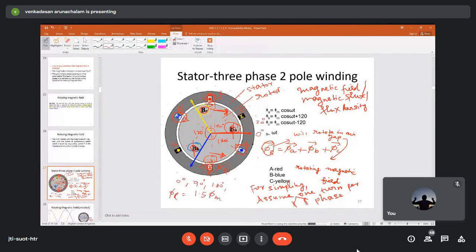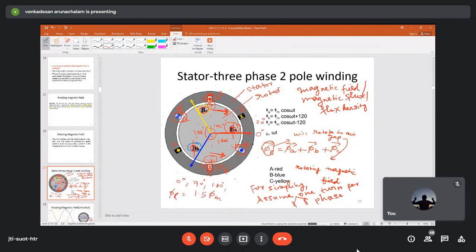And phi B, which is 120 degree phase shifted with respect to phi A, is phi m cos(omega t plus 120 degree). And phi C is phi m cos(omega t minus 120 degree). So now you have one flux produced by A phase winding, another by B phase winding, and another by C phase winding.